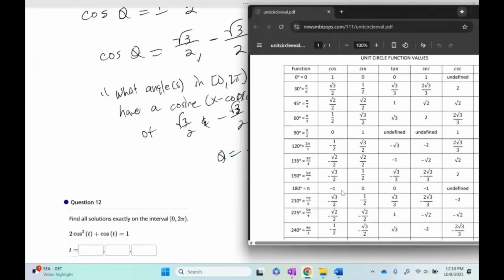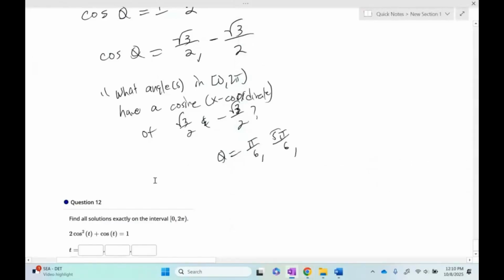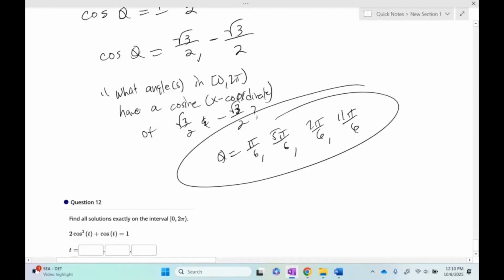Pi over 6, 5 pi over 6, 7 pi over 6, and 11 pi over 6. So those would be the 4 solutions.